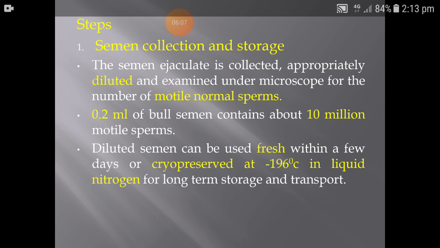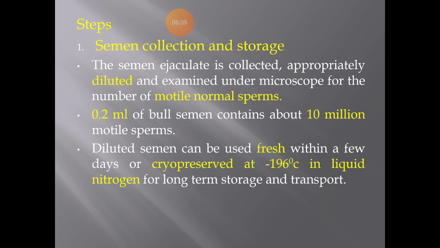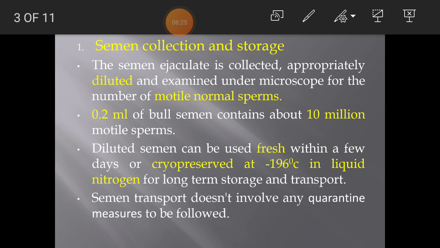This technique is known as cryopreservation. You will preserve the semen at minus 196 degrees Celsius in liquid nitrogen, and once you do so, you can export it to different countries, where the same can be made use of.